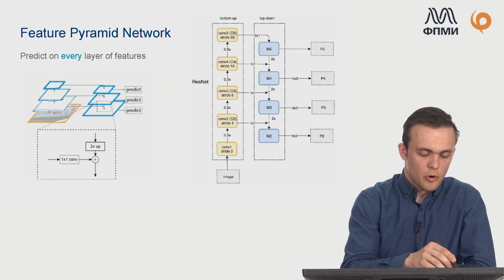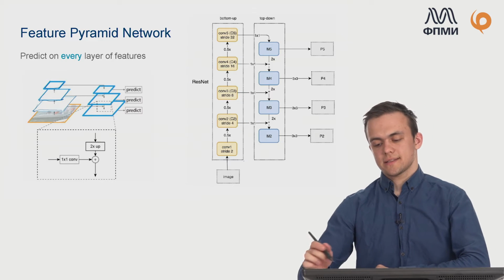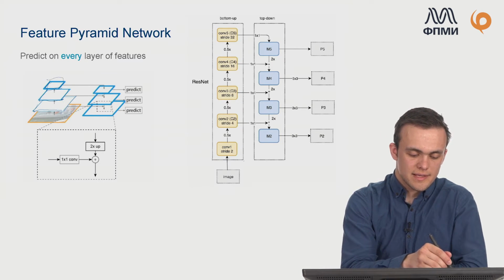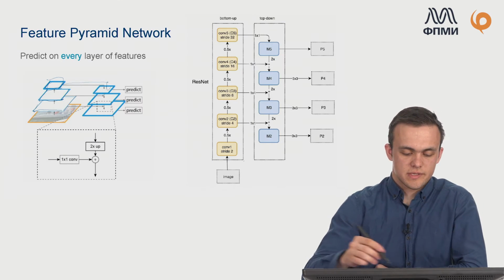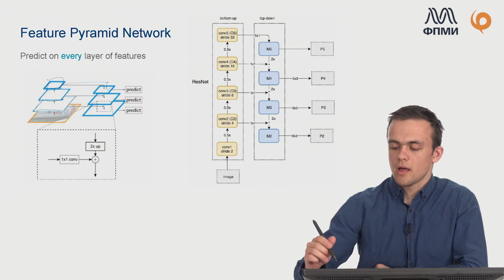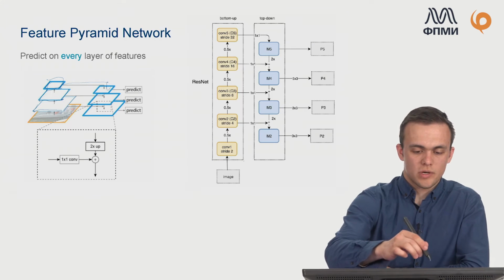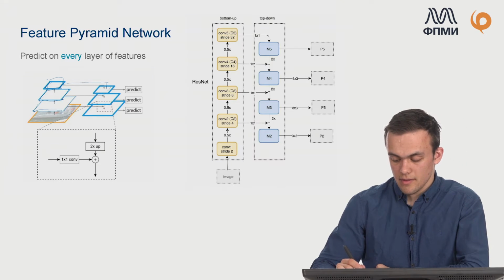Okay, so we have obtained several layers of images, and what we do next is, we have the last layer, we just use a one-by-one convolution. Let me describe what a one-by-one convolution is. It's quite a simple thing.